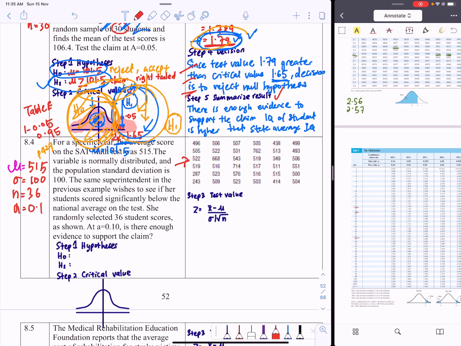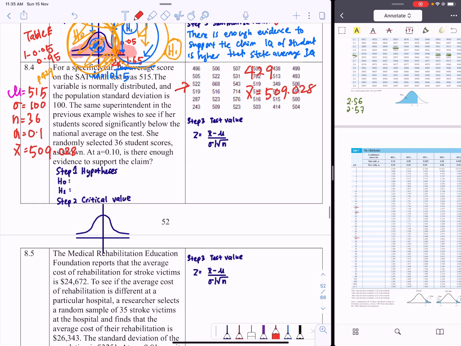And if you look at page 429, the sample mean equals 509.028. Okay, that is the mean. Why do I extract out all the information? Because it will be easier for us, so that we can use the formula and insert all the information.